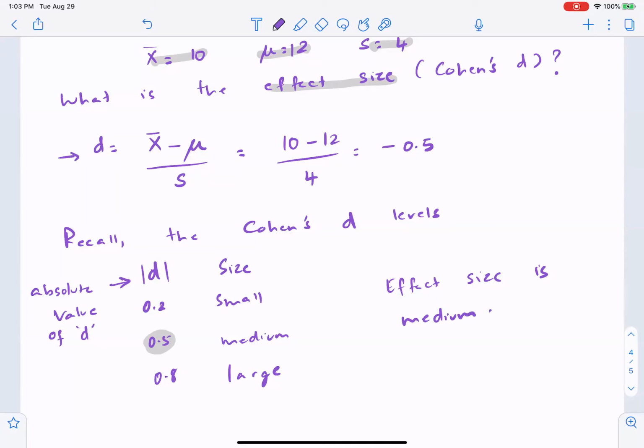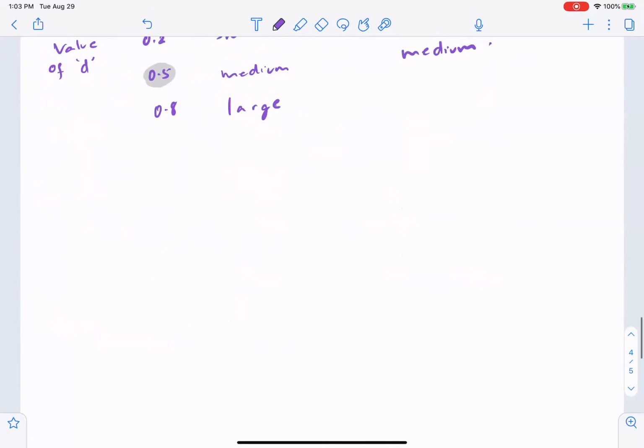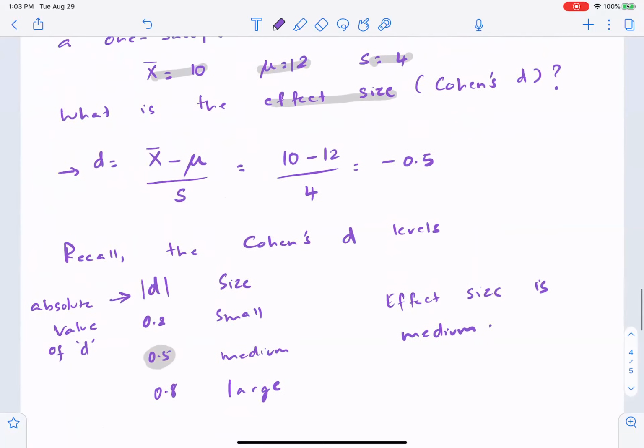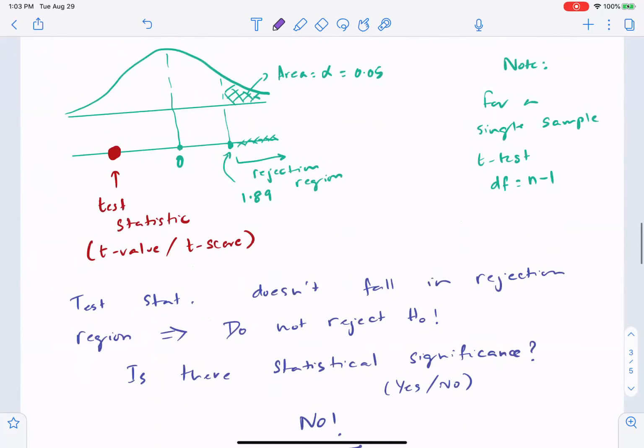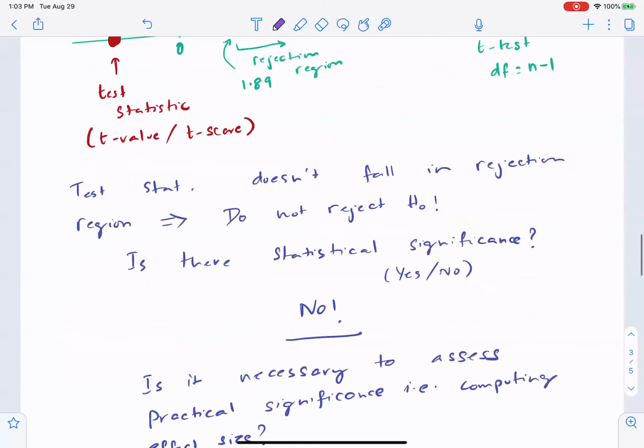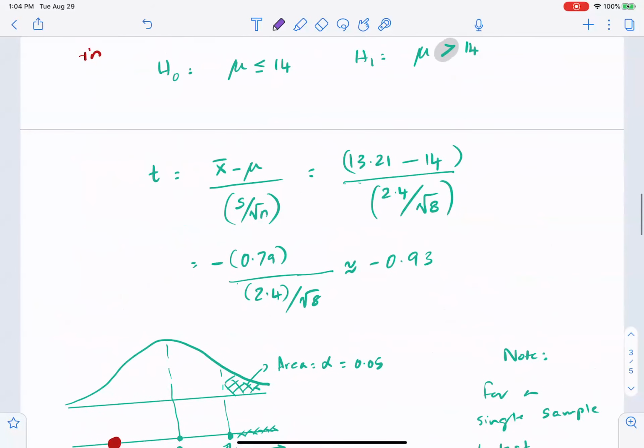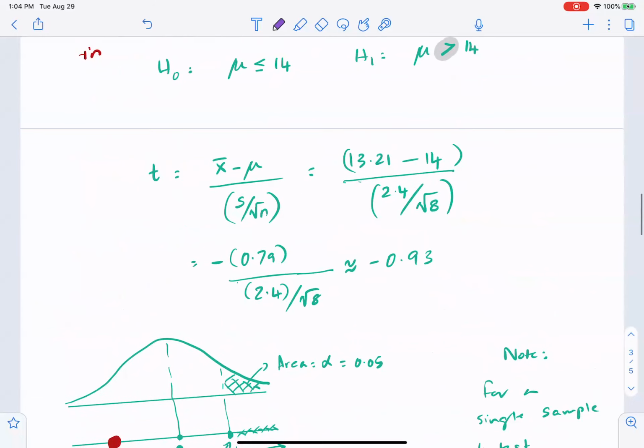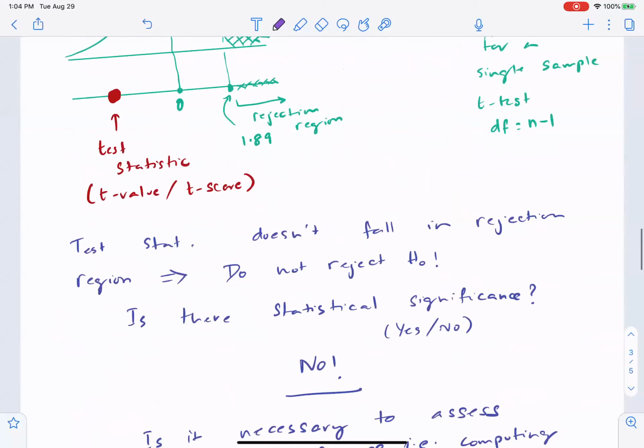So if you look at the formula for Cohen's d, I have it as x bar minus mu over s. If you look at the formula for a one sample t-test, which is right there, I have x bar minus mu divided by s over square root of n.